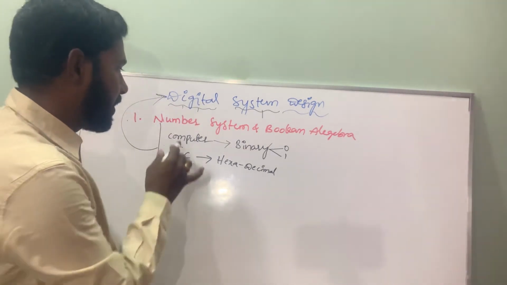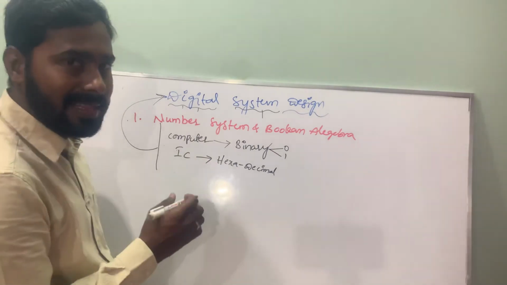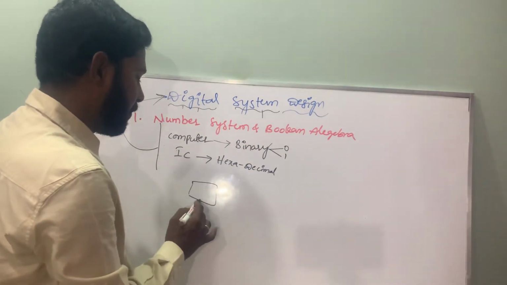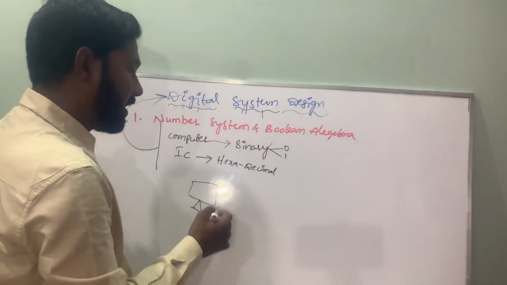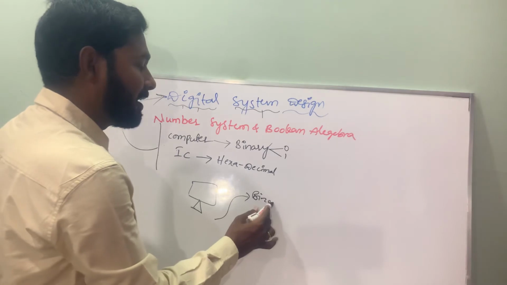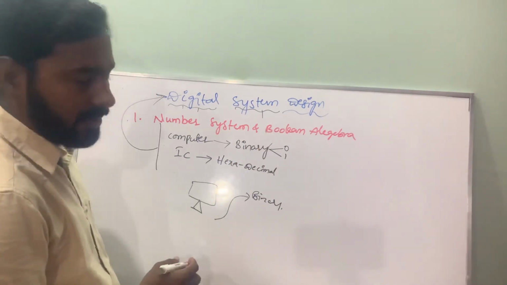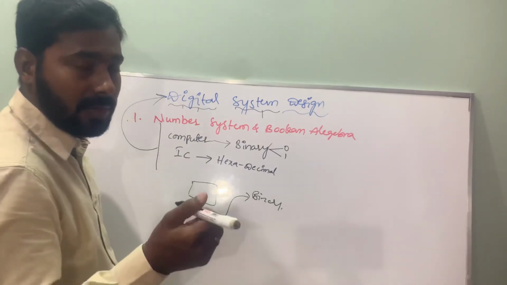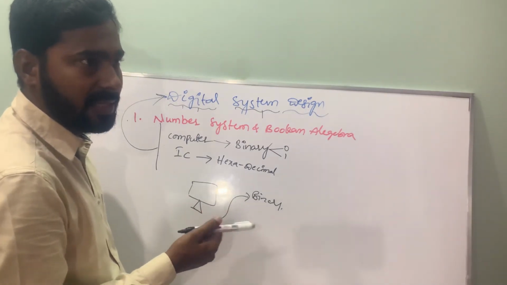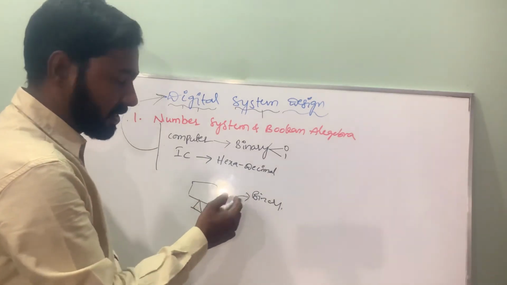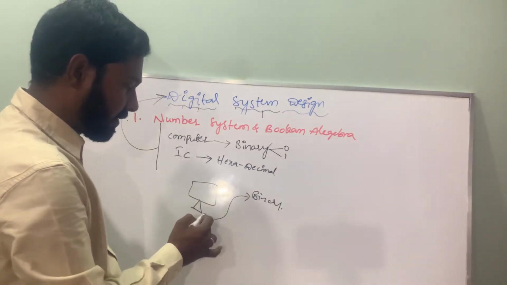We have different types of numbers and their conversions. Since the computer can understand only binary, any information I give should be converted into binary form. You already studied assembly language and machine level language in first year, which are such conversions from one language to another.